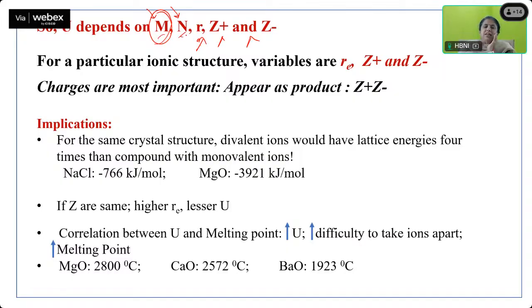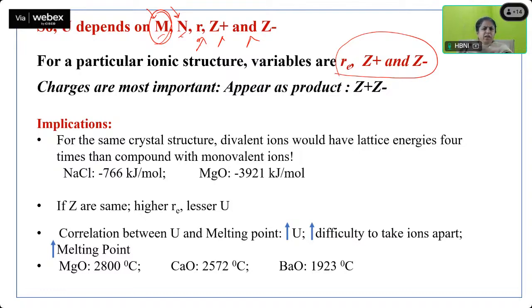And N of course, let's say we are determining molar lattice energy. Then it will depend upon R, Z plus and Z minus. This is what we discussed in the beginning. It depends upon crystal structure, that is the Madelung constant. It depends upon internuclear distance. It depends upon the charges.